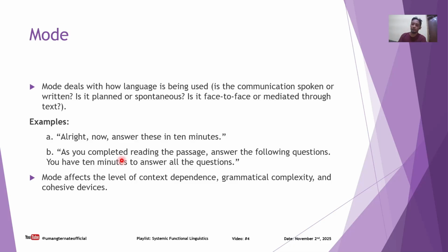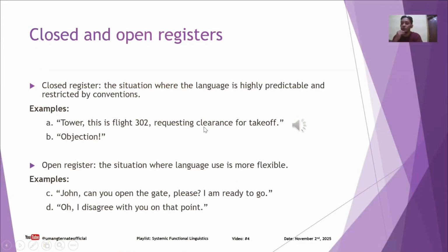Alright, the last thing that I want to show you in this video is about closed and open registers. This way of classifying register is based on the type of particular situation in which the language is highly predictable and restricted by conventions, which means that the way we communicate in that situation is regulated by particular conventions that we cannot break.